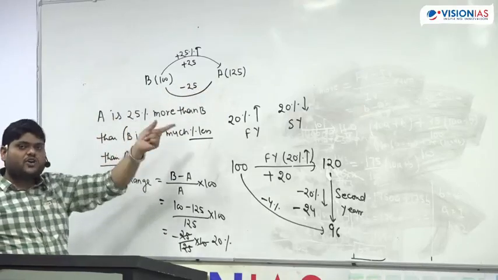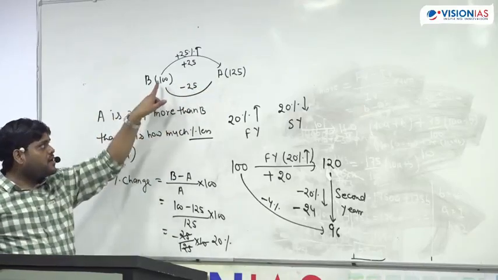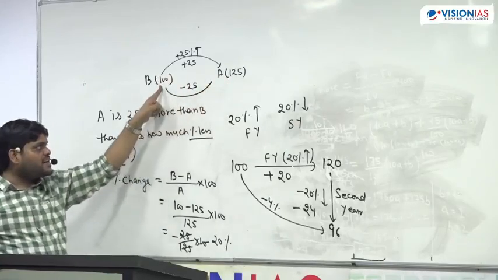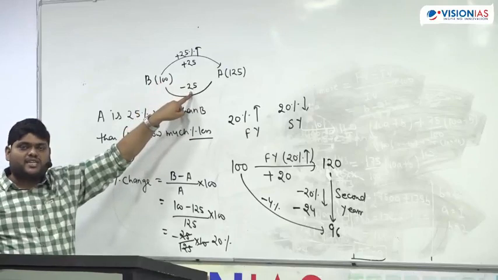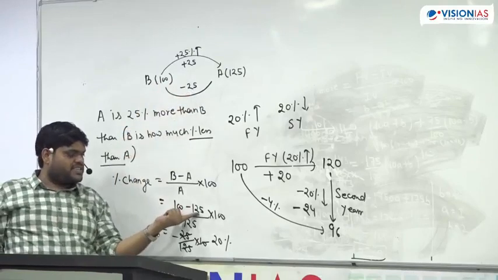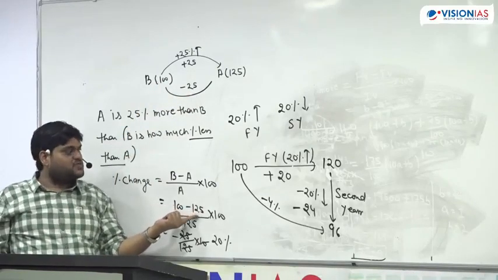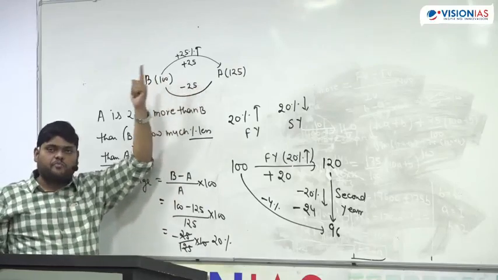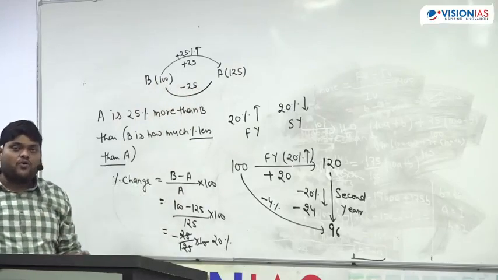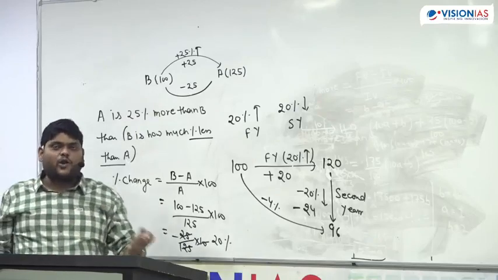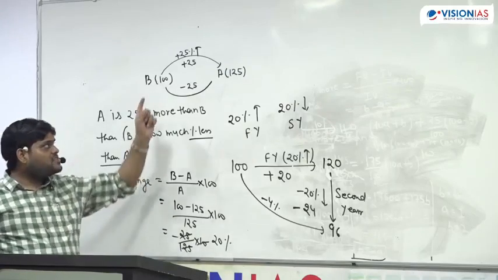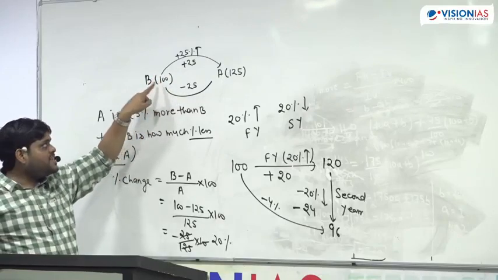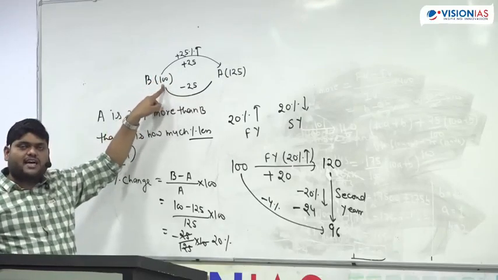If we have to reach from 125 to 100, we have to decrease 25. So change is 25, but now the base value is changing. Why? Because initially we were increasing in 100, so that's why in the base the 100 was there.